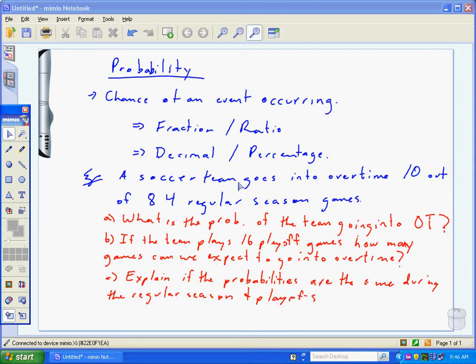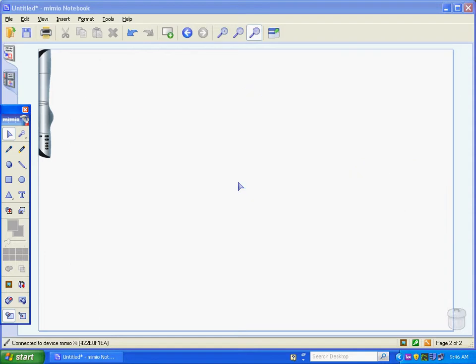So, explain. Just tell me. What do you think? Do you think the probability should be the same? Should it be different? Why? That kind of stuff. So when we go and do this part now, I gotta erase the board here.